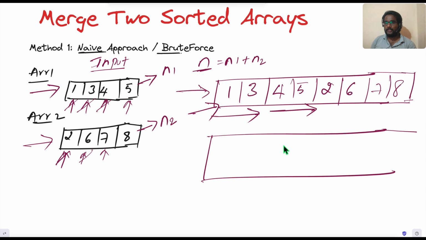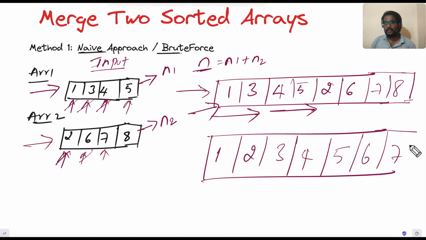Once we do that, the output will be 1, 2, 3, 4, 5, 6, 7, and 8. This is the actual array which needs to be output. So this will be the brute force approach.